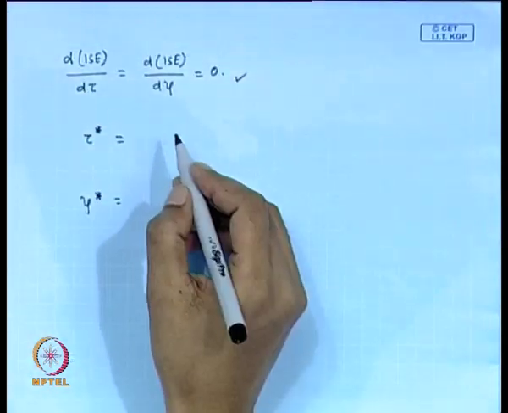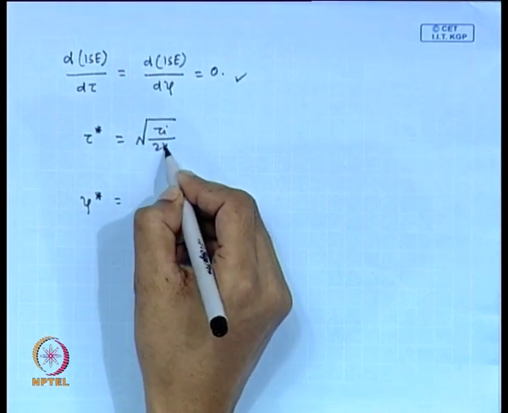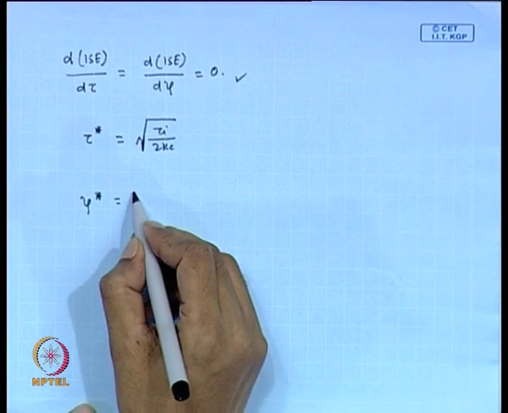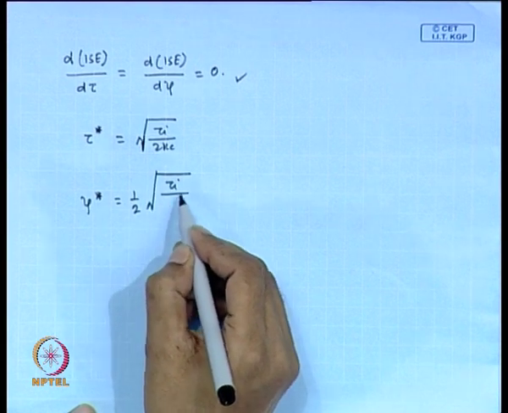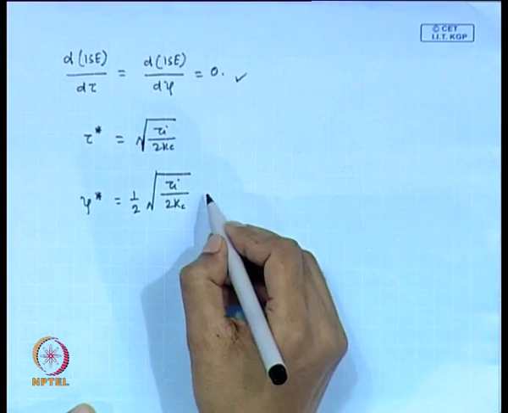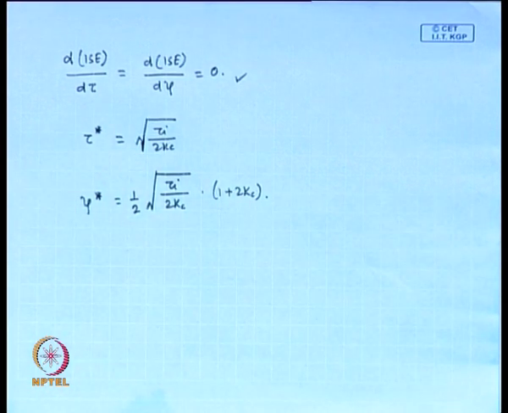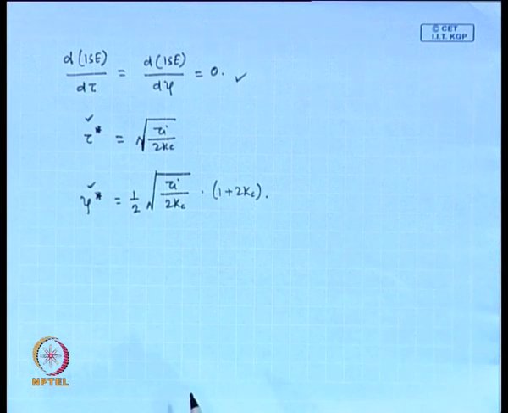Now, we will write tau star equals root over of tau_y divided by 2 Kc, and similarly zeta star equals half root over of tau_y divided by 2 Kc multiplied by 1 plus 2 Kc. These two values, tau star and zeta star, we obtain by minimizing ISE.